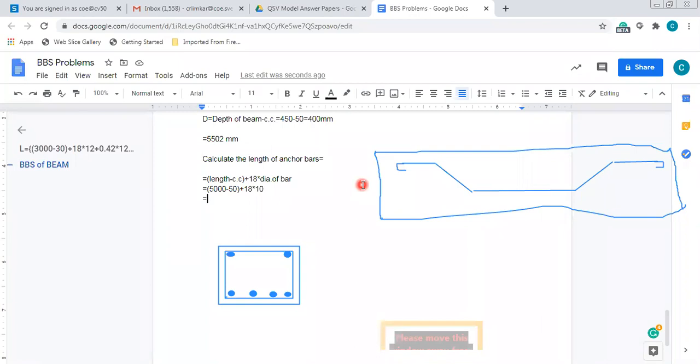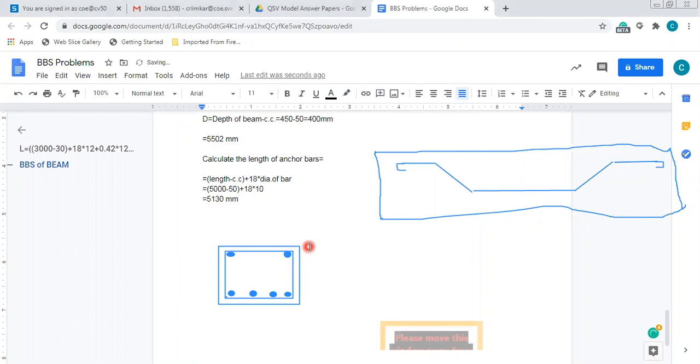Length of the anchor bar is 5130, correct? So that is the length of the anchor bars, 5130 mm.